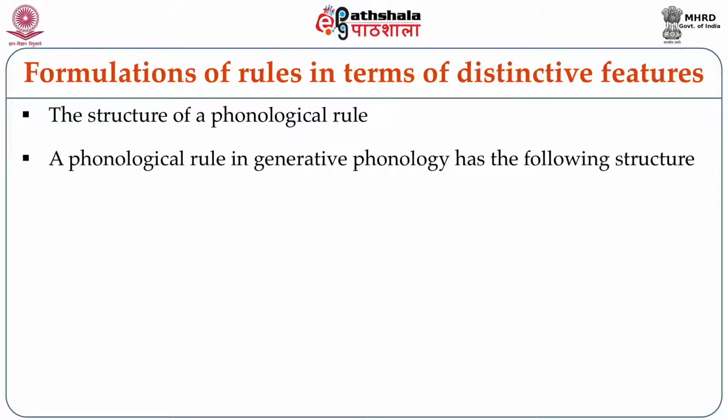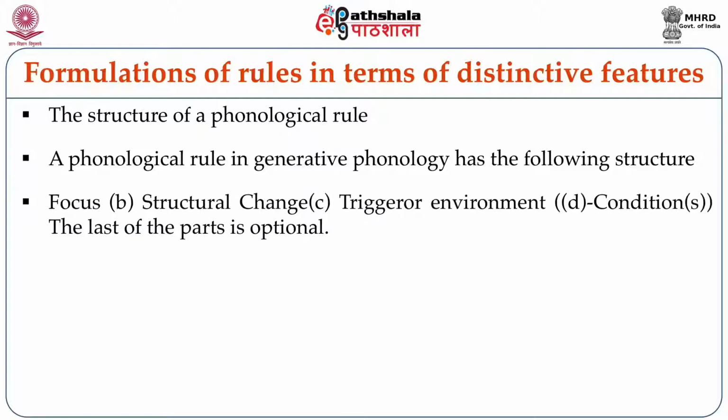A phonological rule, we have noticed before, must be seen as consisting of at least three parts. The sounds or the classes of sounds which undergo the process, these are called focus. And then the sounds or the classes of sounds which are the changed sounds, that part is called change.